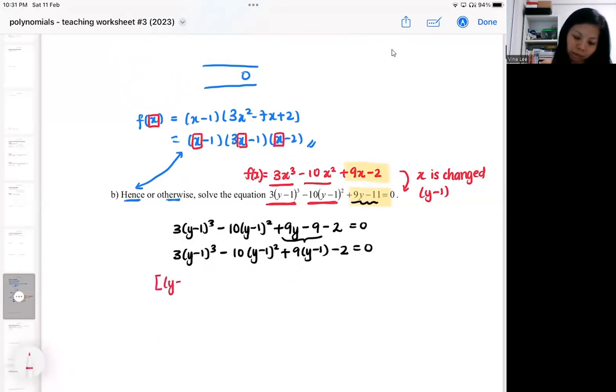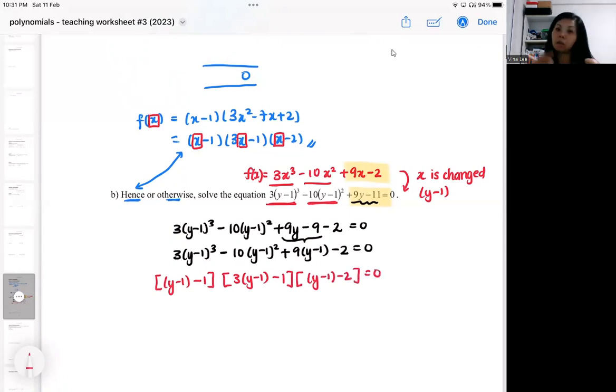Instead of x minus 1, I got y minus 1 minus 1. Instead of 3x minus 1, I got 3 bracket y minus 1 minus 1. So I got y minus 1 minus 2. I make use of the already factorized answer.